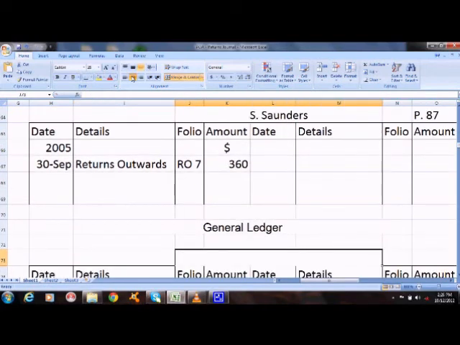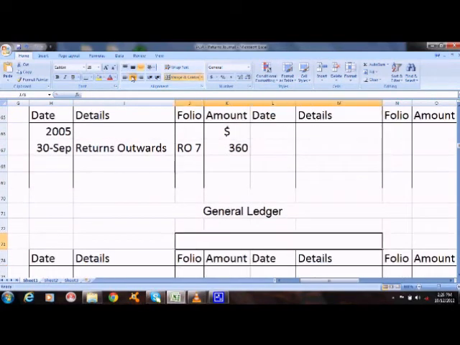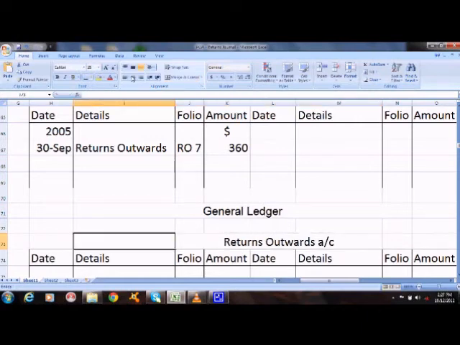Now we go to the general ledger and open the returns outwards account. The rule says that at the end of the period, the total of the returns outwards journal is posted to the credit of the returns outwards account.